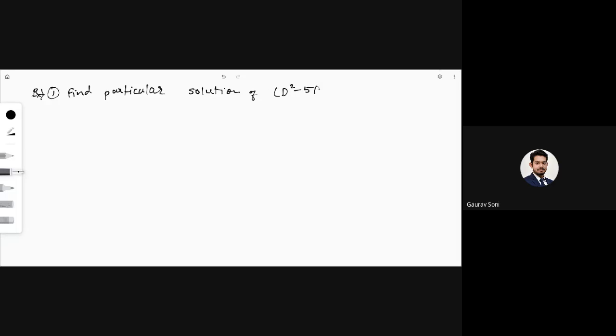Example number 1. Find the particular solution of D square minus 5D plus 6 acting on y is equal to 3 e to the power 5x.